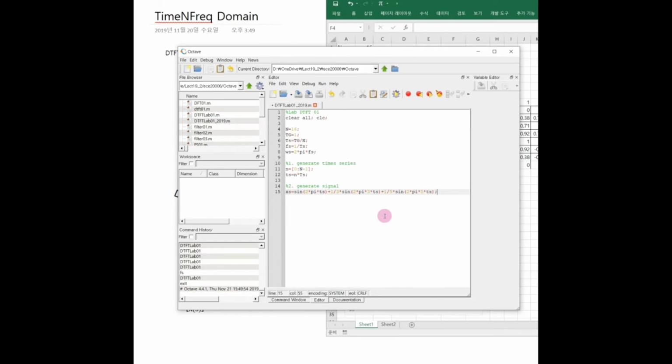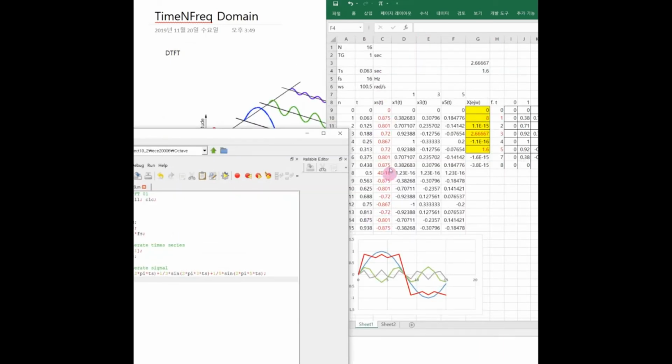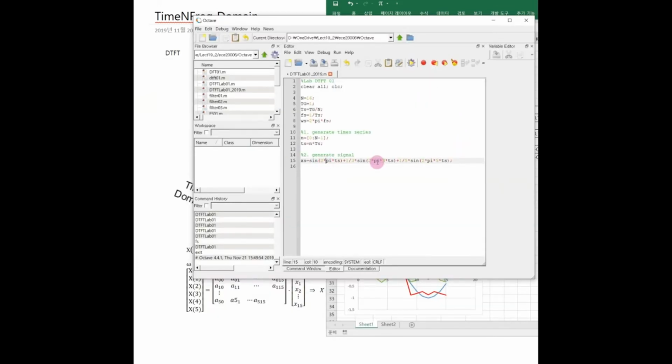So this creates the signal. So fundamental, third and fifth harmonic are added. The scale factors are 1/3 and 1/5.